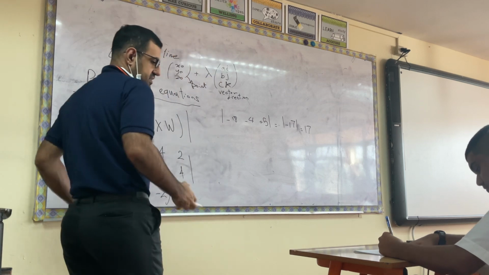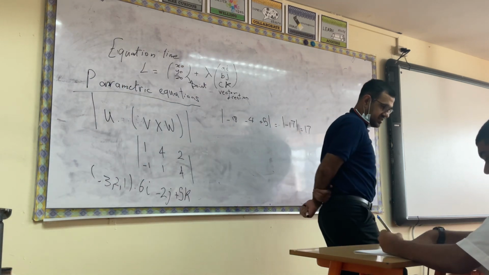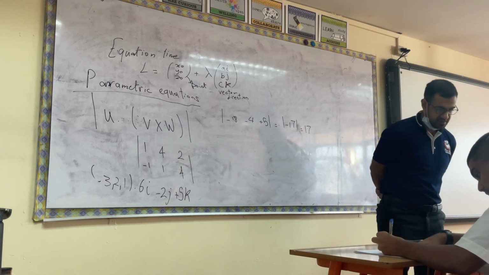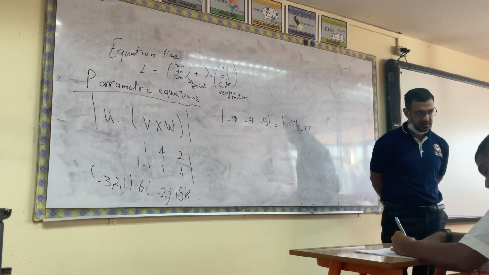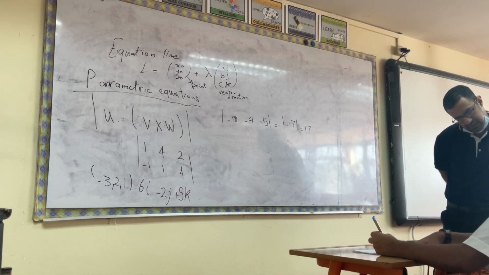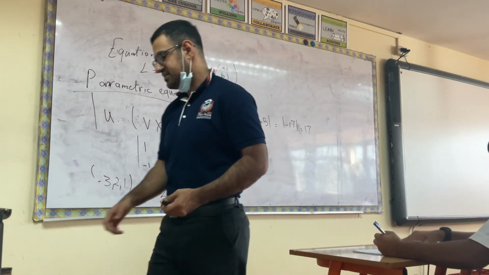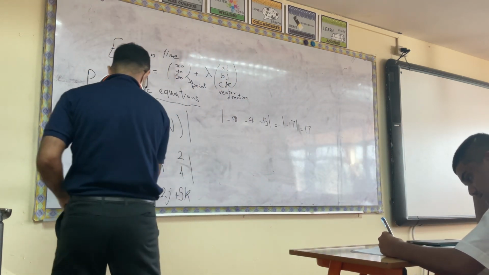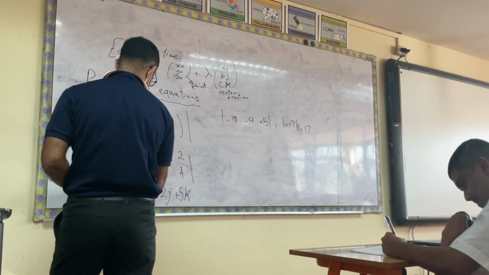And here is negative 4 minus 1. So 12 plus 14, 14 minus plus 6 minus 6. Oh, J plus minus 5.